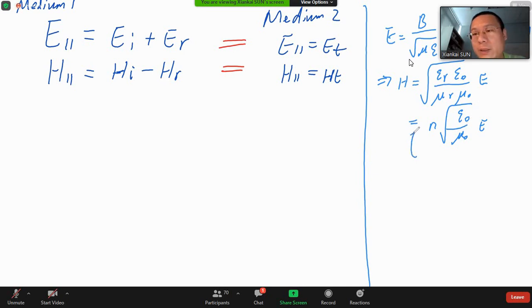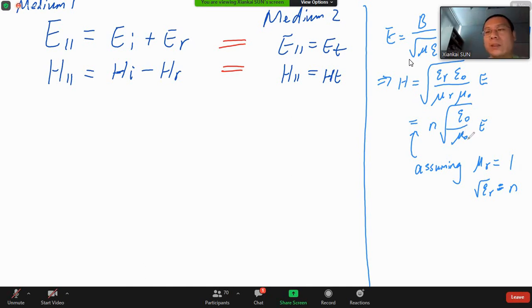So here basically we are assuming mu r is equal to 1 and n equal to square root of epsilon r. This is assumed in most cases for dielectrics.